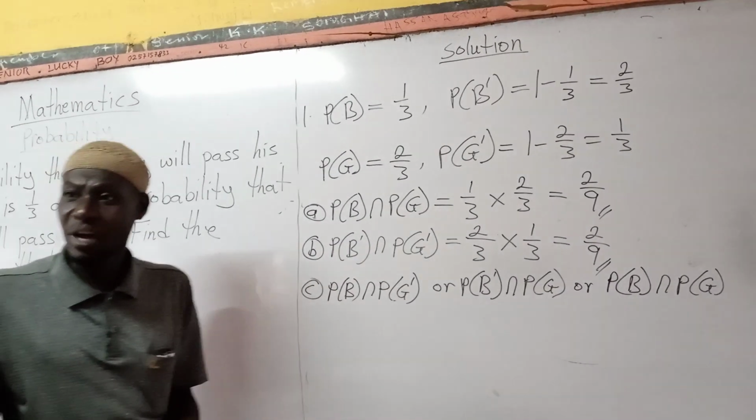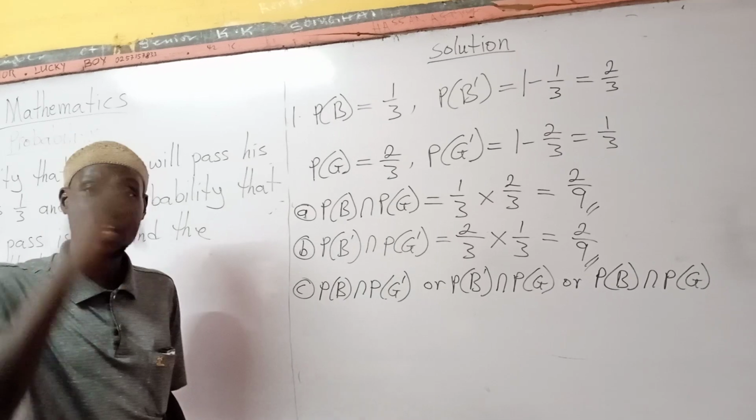So we have started it here. And this is what they meant by finding the probability that at least one of them will pass.